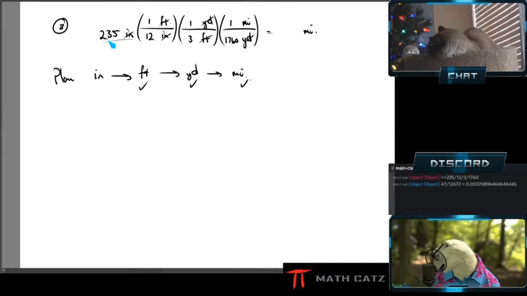Of course, I didn't have a long distance, a long length, so in miles it's going to be quite tiny. 0.0037, rounding to two significant decimals. And there we go.